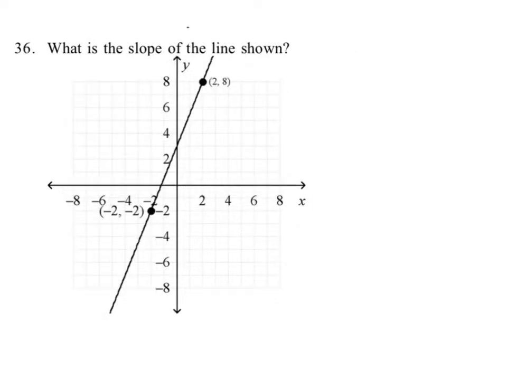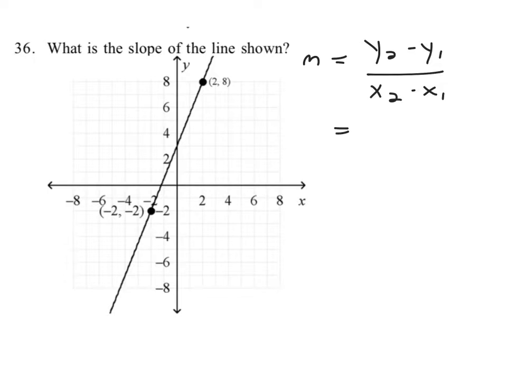Okay, let's tackle these one at a time. What's the slope of the line? We need to use the formula for finding a slope, which is m, representing the slope, equal to y2 minus y1 over x2 minus x1, otherwise known as the change in y over the change in x.